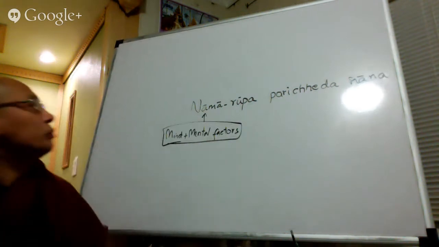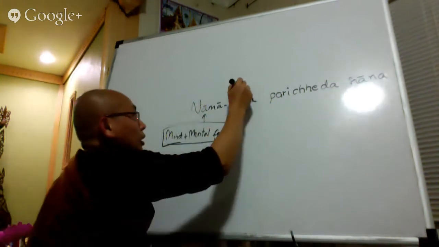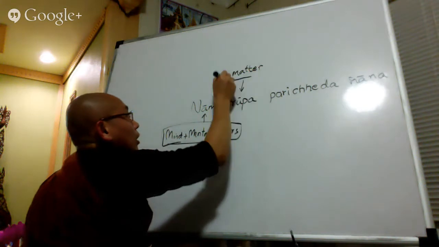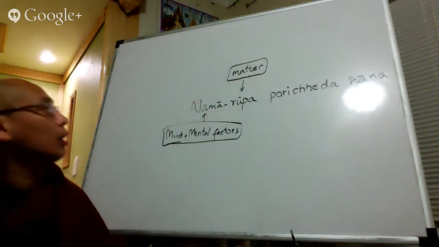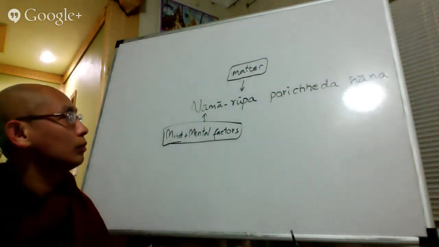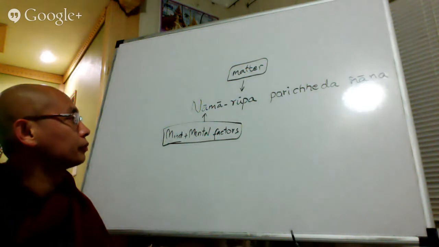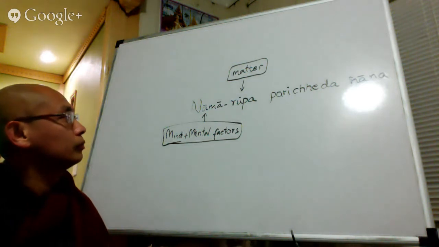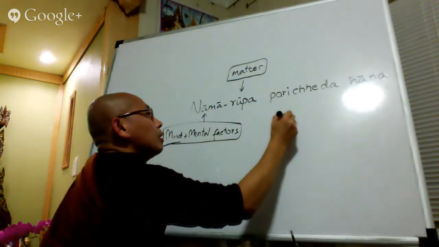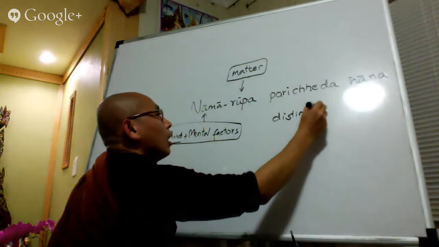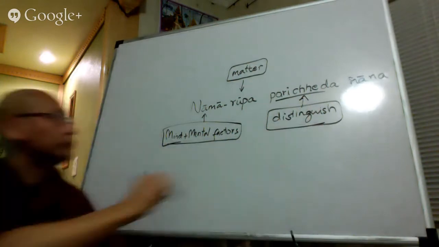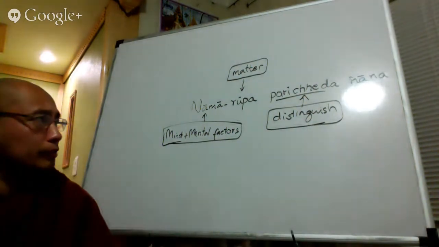Rupa is all kinds of matter or material. Pariccheda means distinguishing. Nana is wisdom.